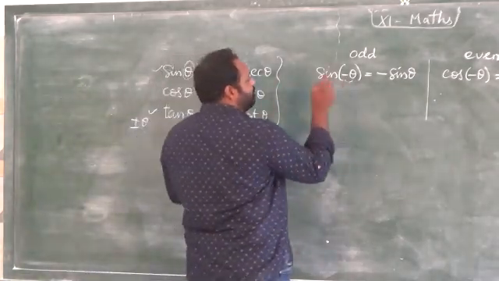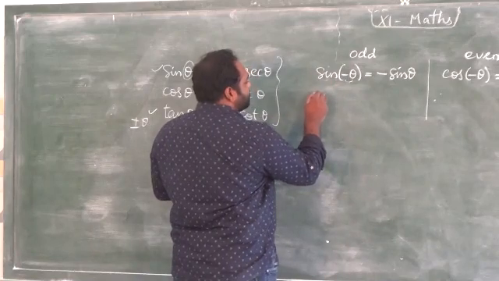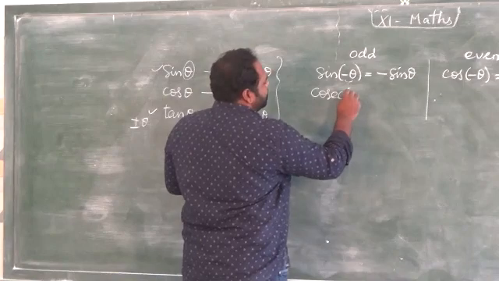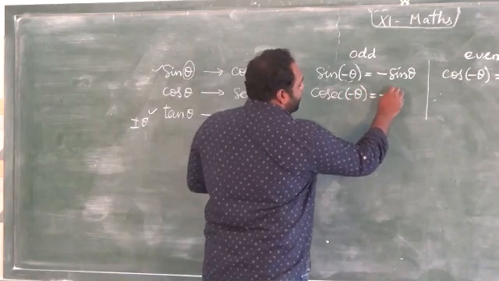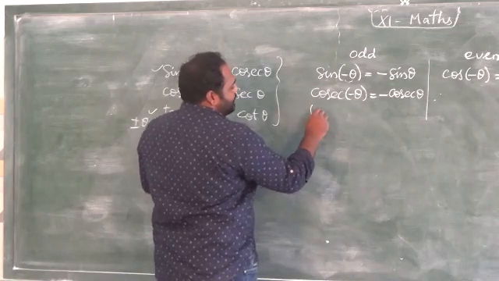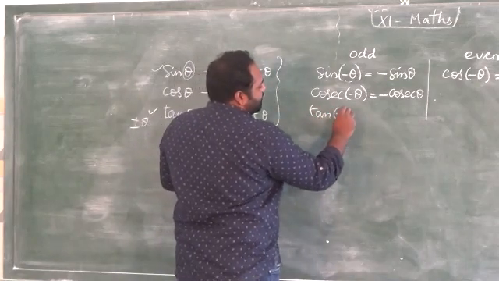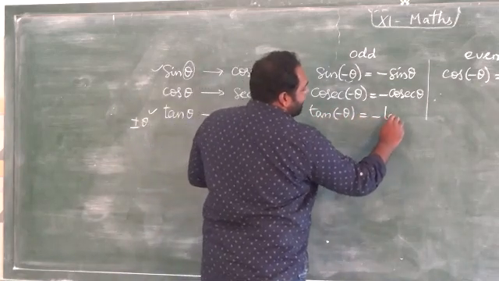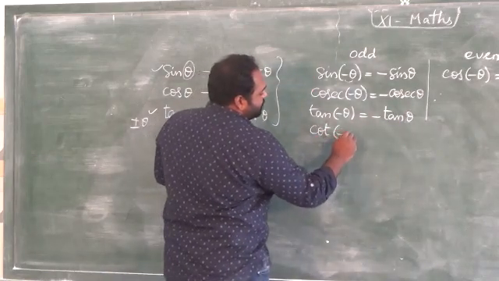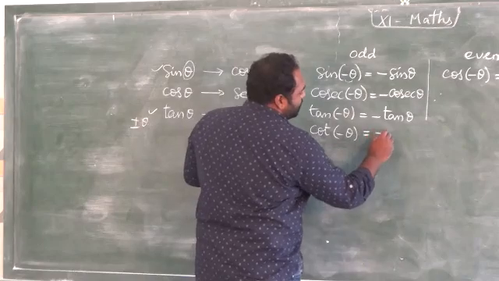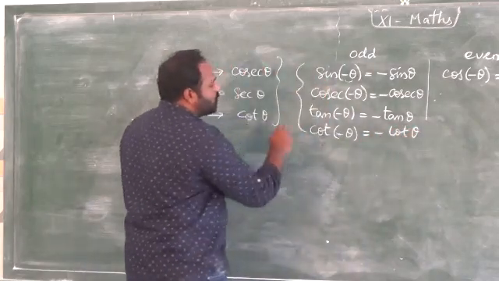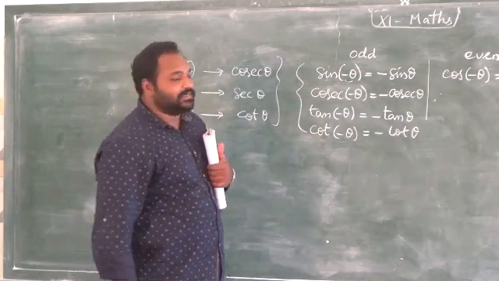So sine of minus theta is negative. Cosecant, the reciprocal of sine, is also odd: cosecant of minus theta is minus cosecant theta. And tan of minus theta becomes minus tan theta. Then cot, the reciprocal of tan, is also minus cot theta. These 4 are called odd functions.